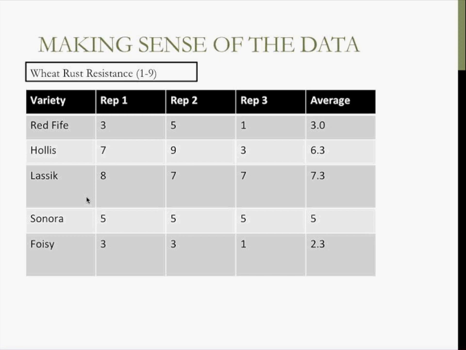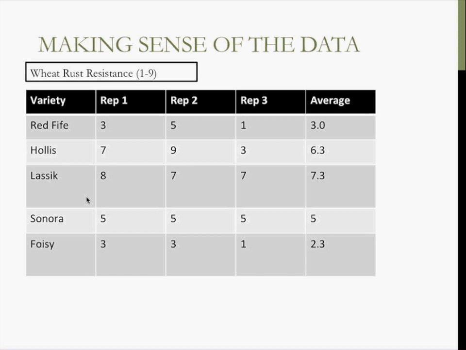However, one of the things that can be important to keep an eye on in trials, especially one of the strengths of replication, is that you're able to observe the variety in more than one place in the field, and it gives you a sense of whether there might be field effects, or some degree of uncertainty in the way that you measured things, or in the amount of variability in how that crop grows.